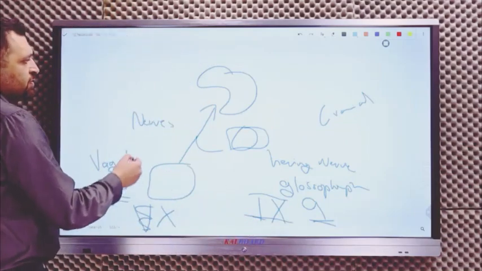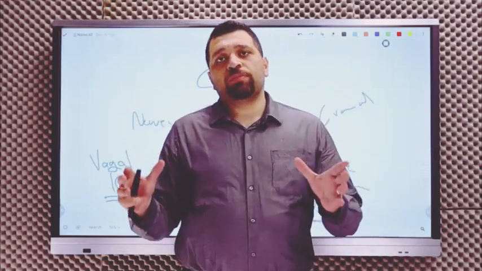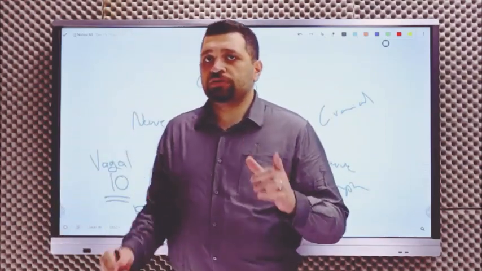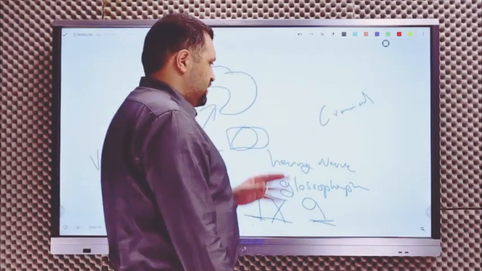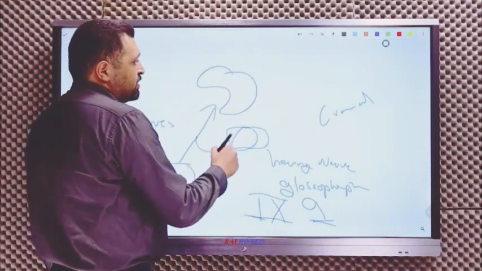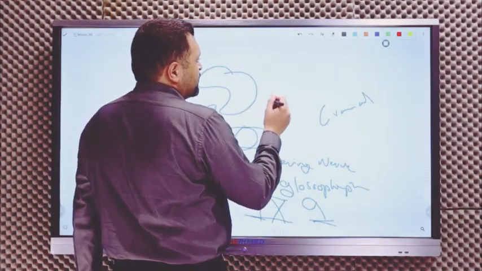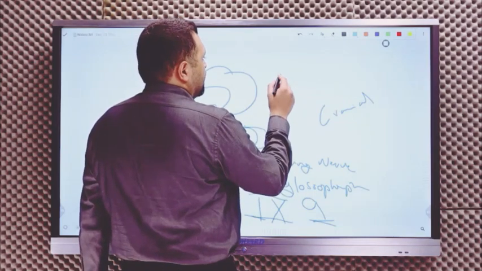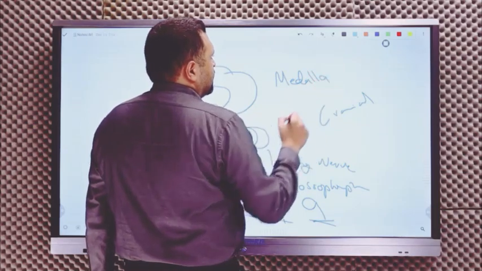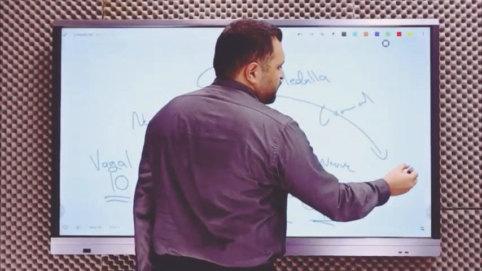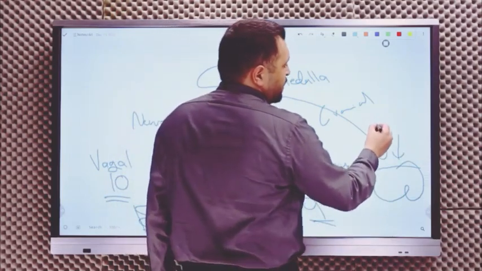So through these nerves, the info goes to the brain that your body is having a problem with the blood pressure, and the body will try to compensate for this. The information comes to the medulla, which sends info to the heart to increase its pumping, to increase the heart rate.